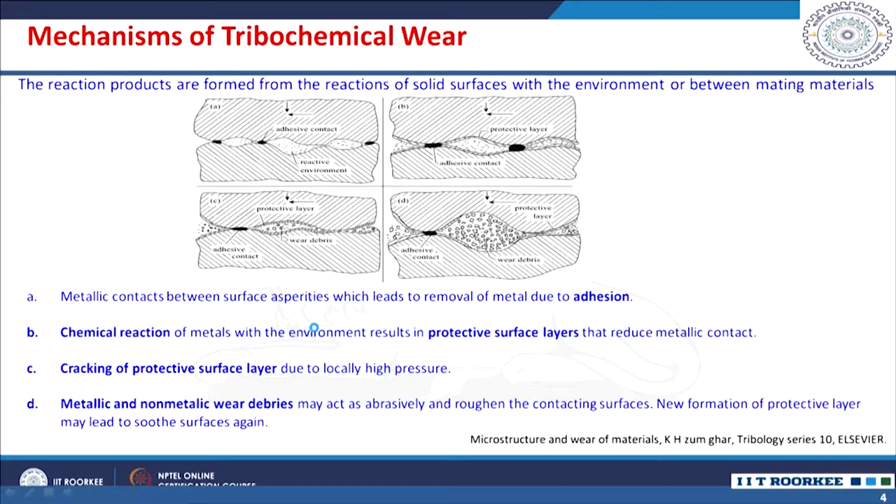As I told, the material removal is a synergetic effect of the rubbing action as well as the chemical reaction products. The reaction products are formed from the reactions of solid surfaces with the environment or between the mating materials.